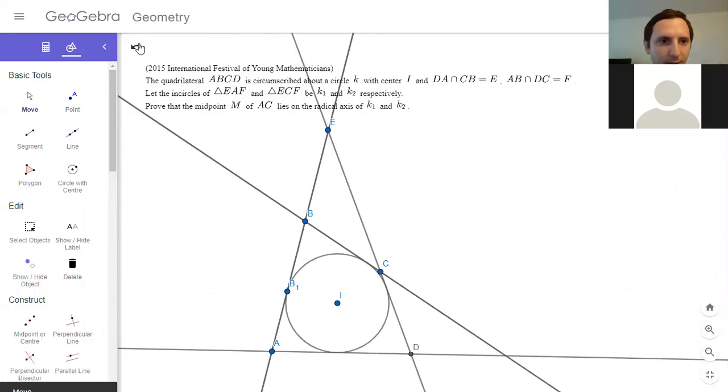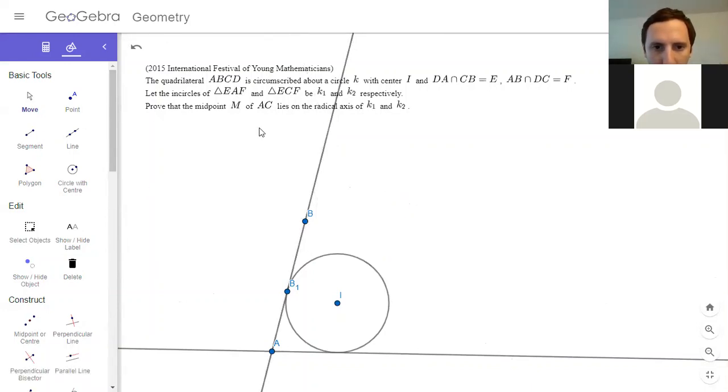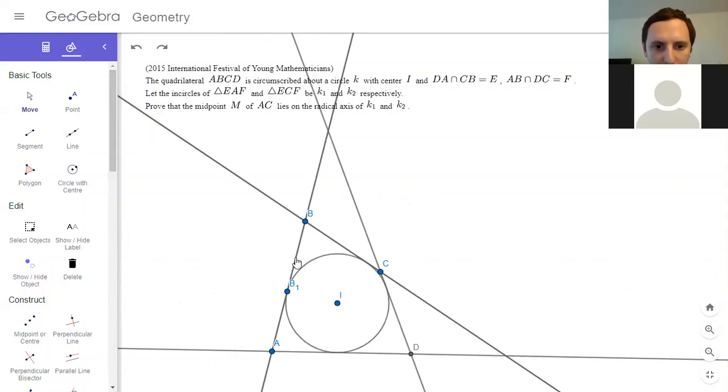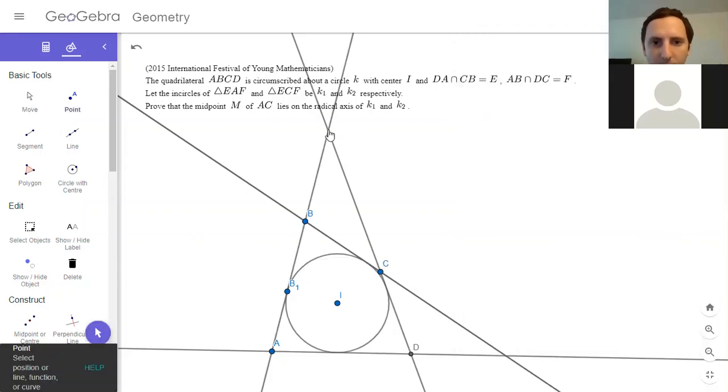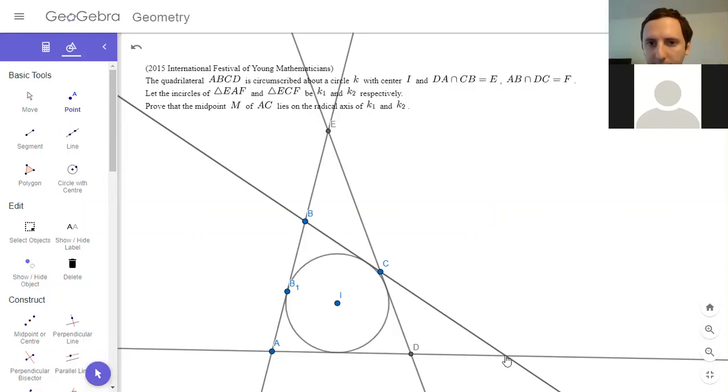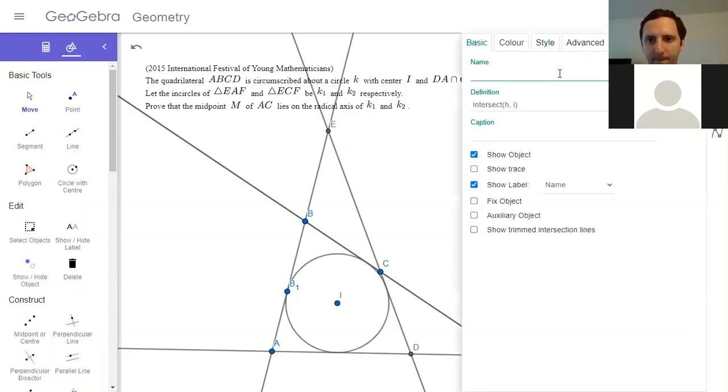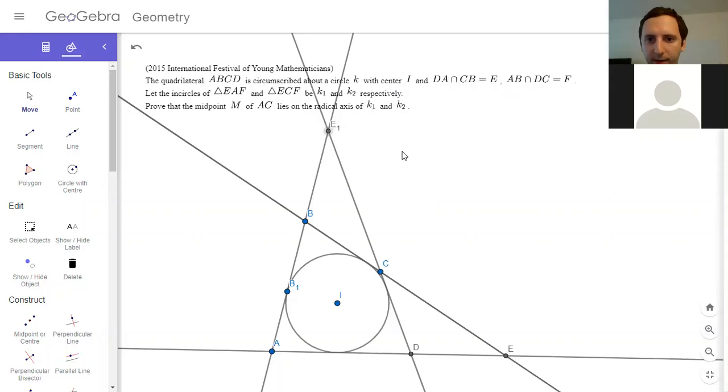There we go. E and F. And then the in-circle of, wait, so we have A, B, C, D. DA intersects BC. This should be E, and that should be F.